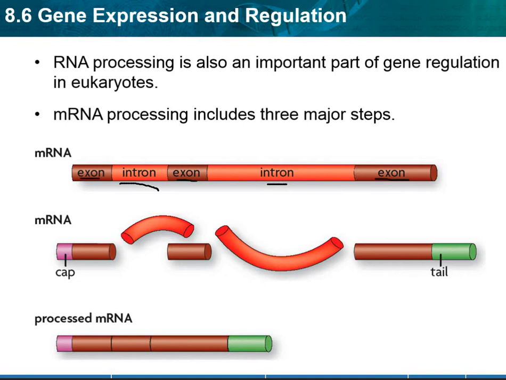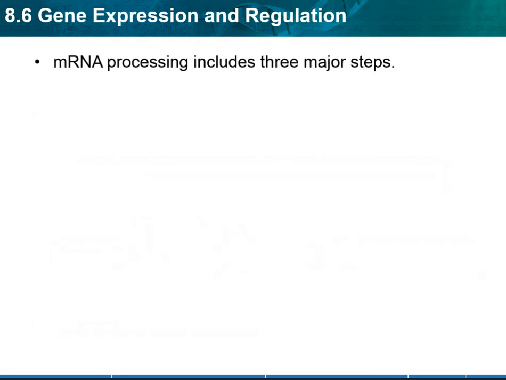Intron stands for intervening sequence, exon stands for expressed sequence. It will pinch out those introns, the material that wasn't needed, and end up with just the exons in the final messenger RNA that gets sent out of the nucleus.